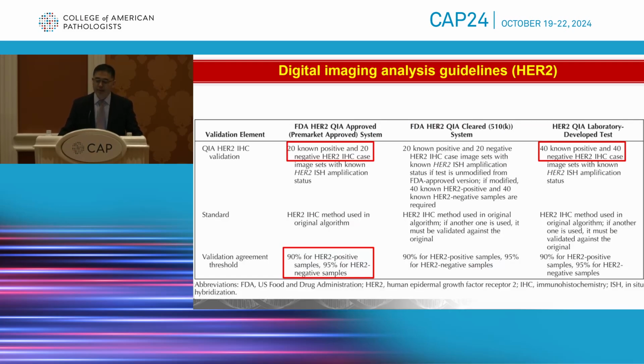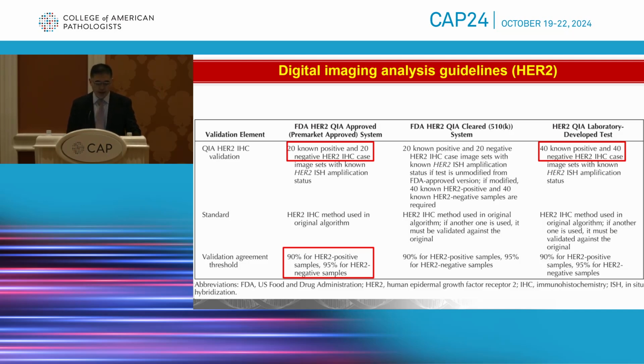If it's an FDA-approved test or system, you only need 20 positive and 20 negative cases for your validation, and 90% concordance for the HER2 positive samples, 95% for HER2 negative samples. But if the system is not FDA-approved, you probably need double the cases for your validation, 40 cases for positive and 40 cases for negative.